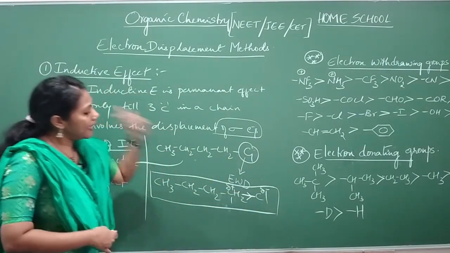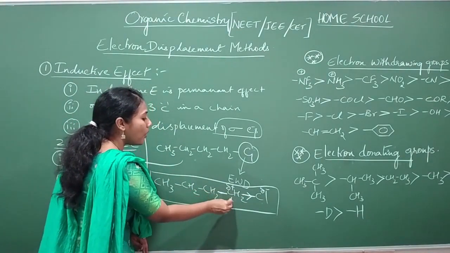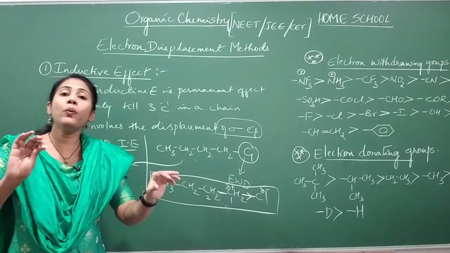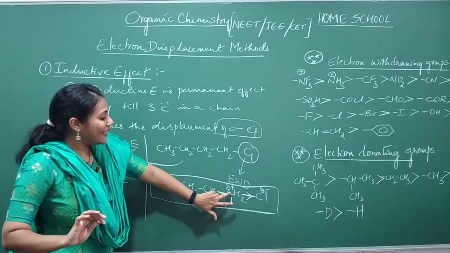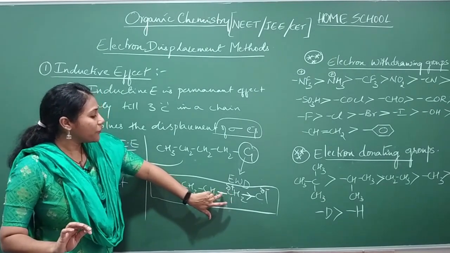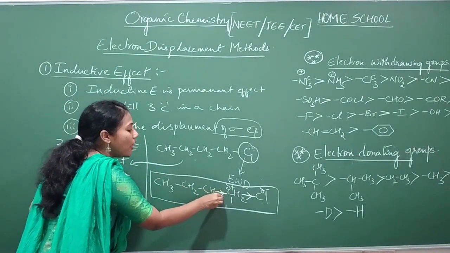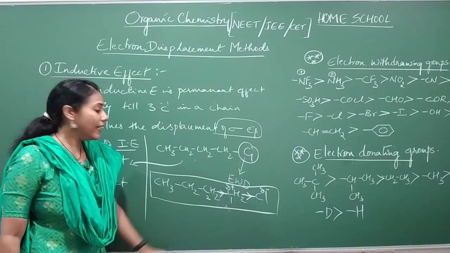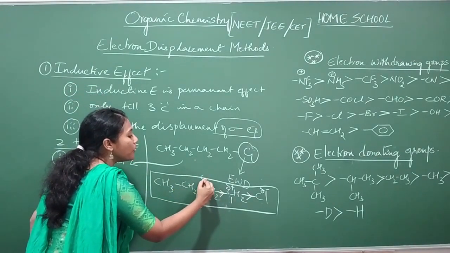Now the effect can be shifted to the second bond also. That means the bond between carbon 1 and carbon 2 will also become polar. Since carbon 1 is losing its electron, it will try to take electrons from this bond. So this bond is trying to move towards carbon number 1, making this carbon more and more positive.